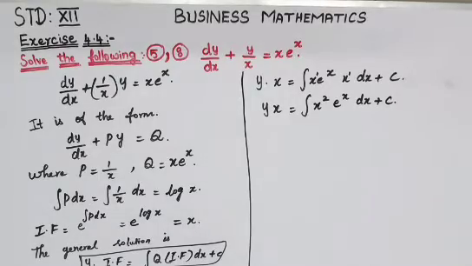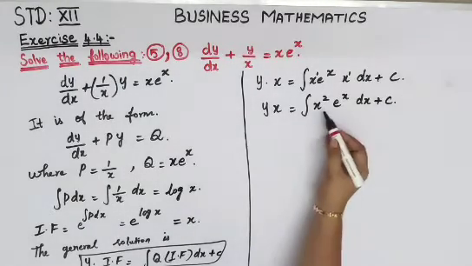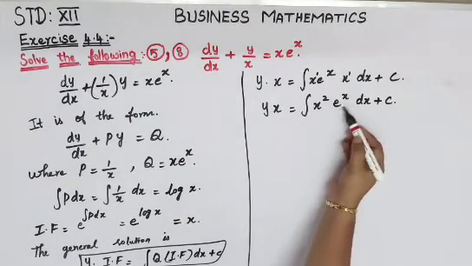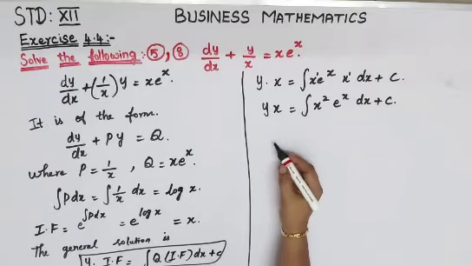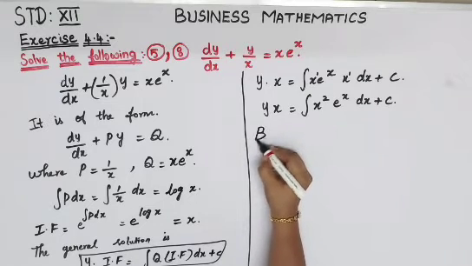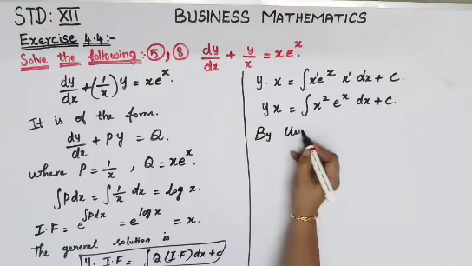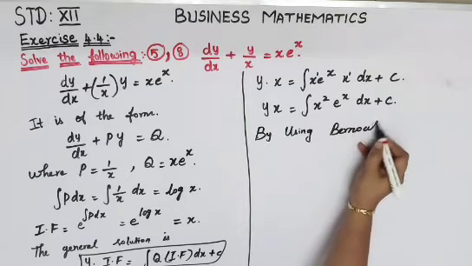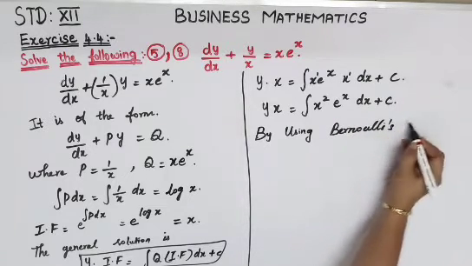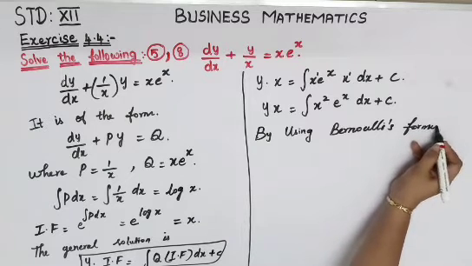Now you will have to go to your integral, but two functions are there. x square is one function and e power x is one more function. When you are combining them, you can use Bernoulli's formula. So I'll just write Bernoulli's formula.